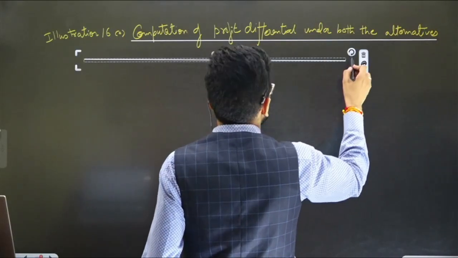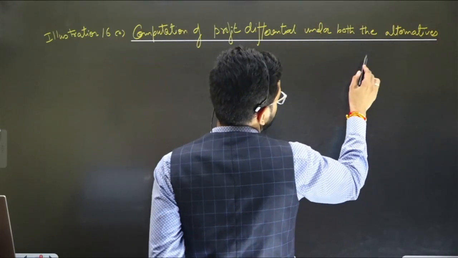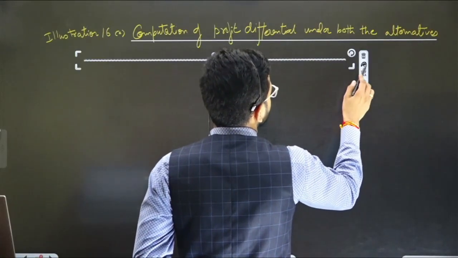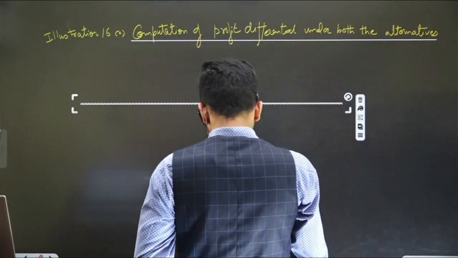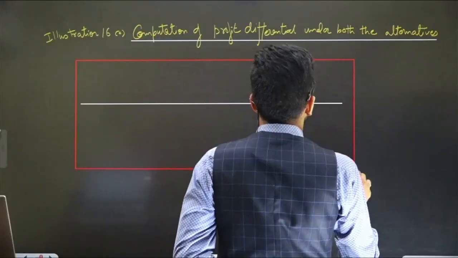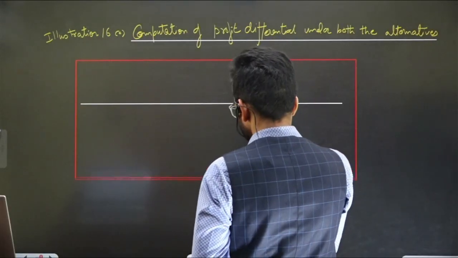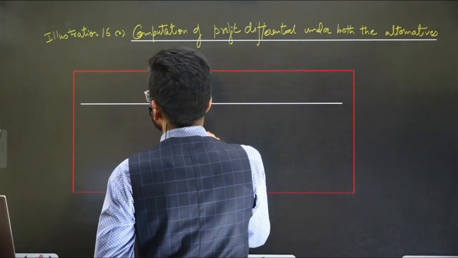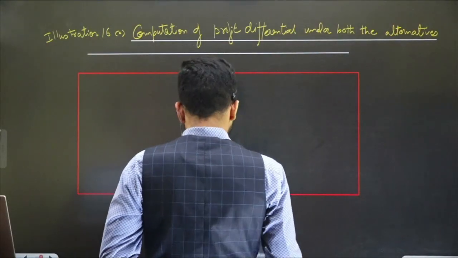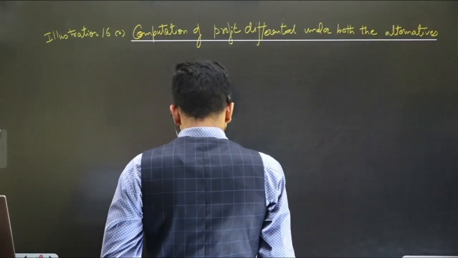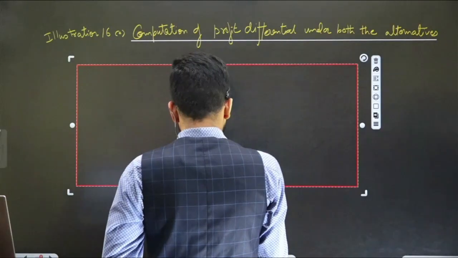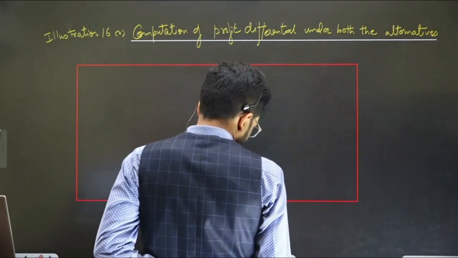A small table is required to be made for this computation. Okay, let's see what is the profit differential. Under both the alternatives, what is the difference in profit?